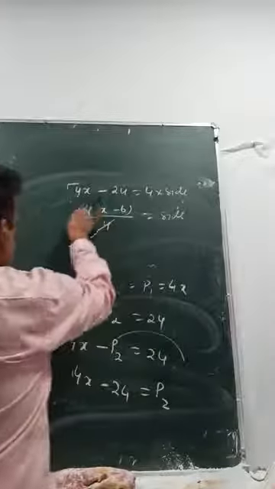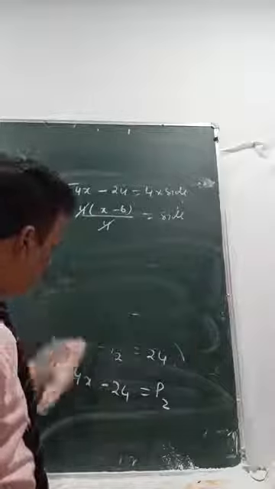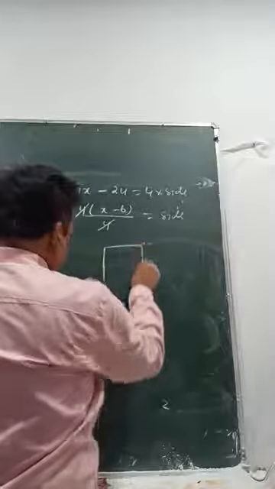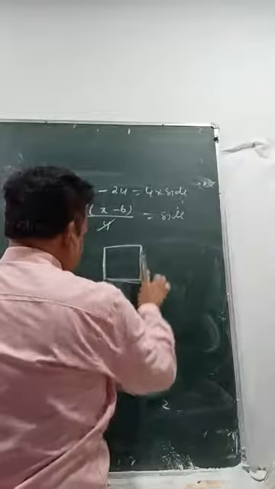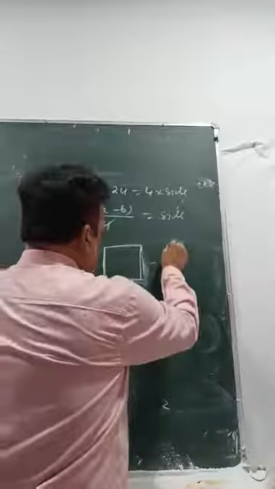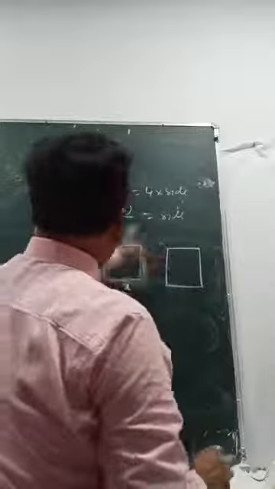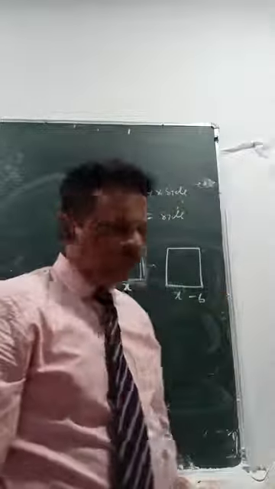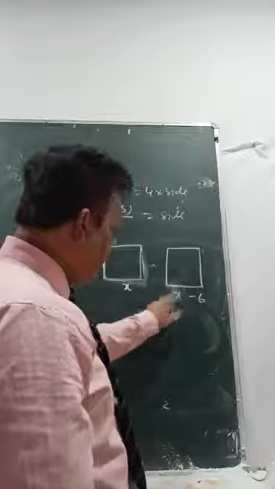So 4 cancel. So now look at here. What did you get? This one side is x. This we are not knowing. Now you got x minus 6. We found out x minus 6. Now it is an equation of one variable.